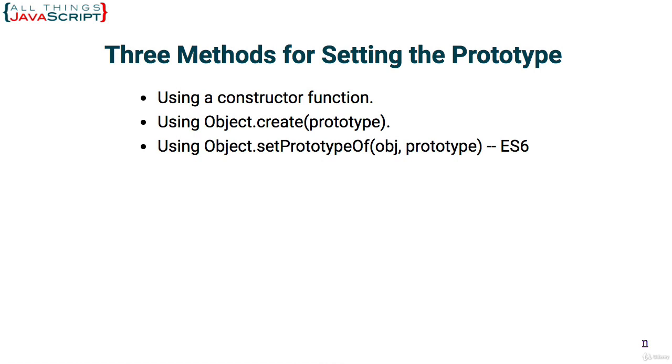There are warnings that it is resource intensive to use this particular method. But I'll show you how to use it in case you choose to use it. Now, there are other techniques that set the prototype in JavaScript. But I've chosen to focus on these three because they are the most straightforward, and they will allow you to accomplish what you need when you're trying to set the prototype of an object. So let me jump to Sublime and we'll take a look at these examples.